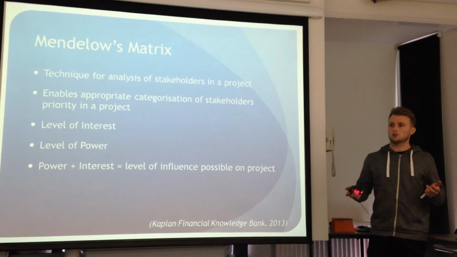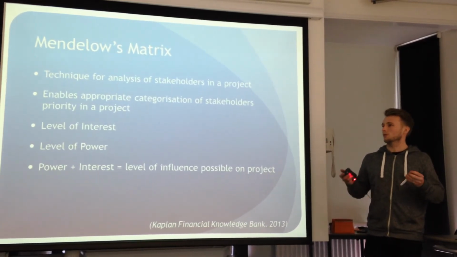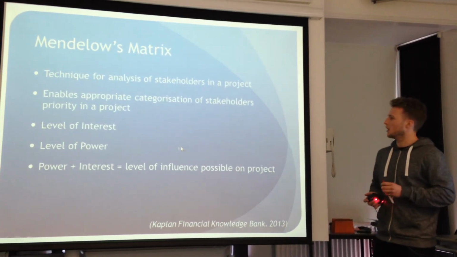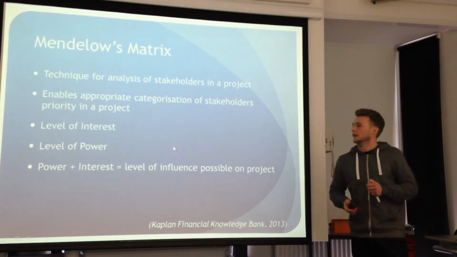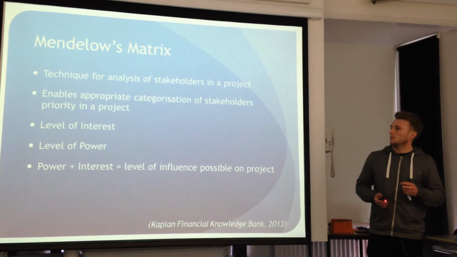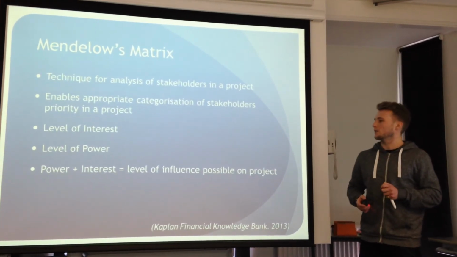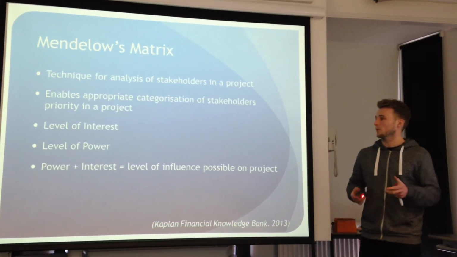So for example, low interest will be maybe a student at this stage, and high interest will be the contractors. And then it also analyses the level of power that the stakeholder has in that project.